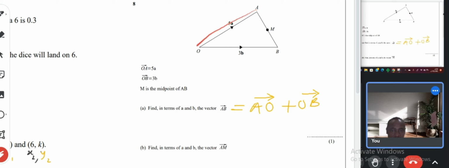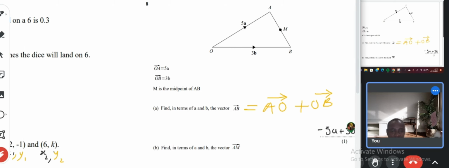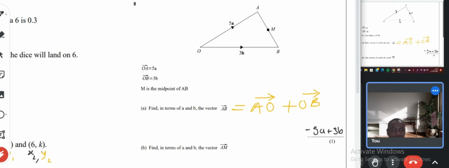So A to O is minus 5A, then O to B is 3B. So let's go. Write it down. Minus 5A plus 3B. You might want to also say 3B minus 5A.